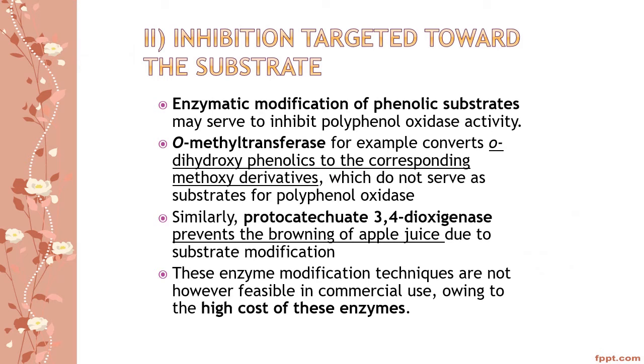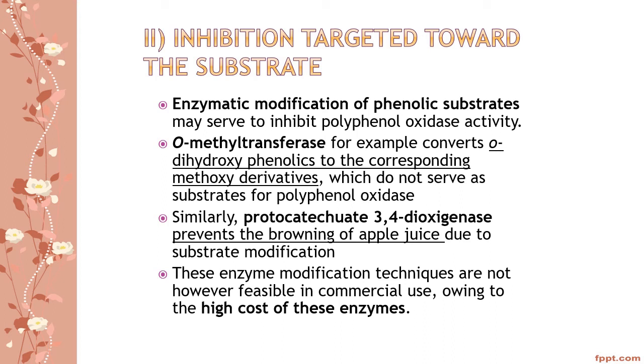In the substrate, you can also do some enzymatic modification of the phenolic substrate. It may serve to inhibit PPO activity. You can add an enzyme, a methyl transferase, for example, that converts the phenolic to the corresponding methoxy derivative, which is not a substrate of polyphenol oxidase.